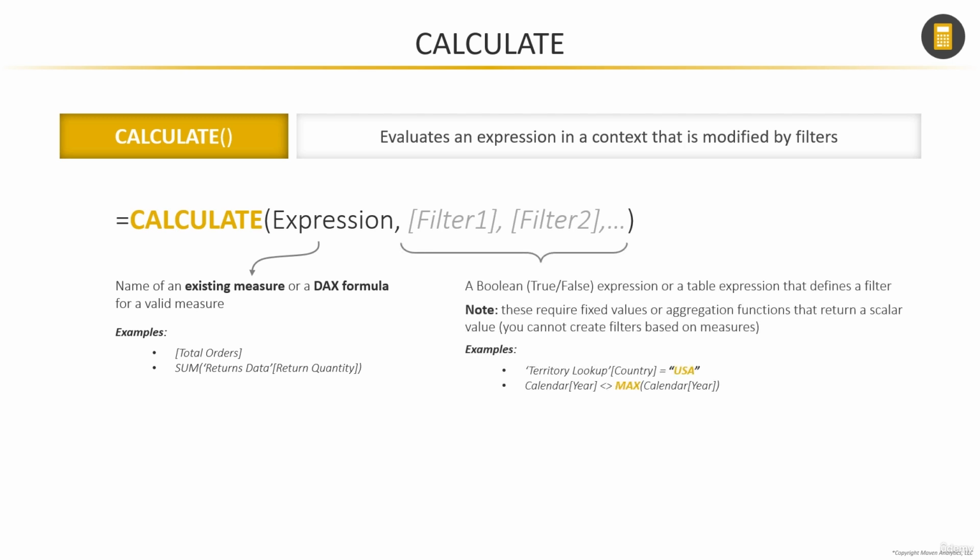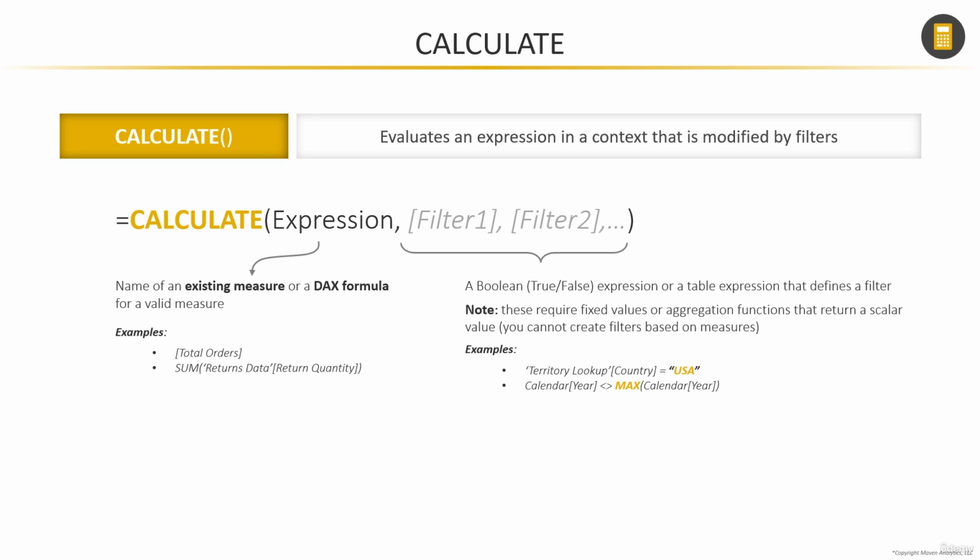And then the second component of the function is this set of filters, this list of simple Boolean filters, meaning true or false expressions. Now, important thing to note here, these must be simple expressions with fixed values. So we've got our column name on the left, like our country column from the territory lookup or the year column from our calendar lookup, and then some sort of value or text or table expression on the right.